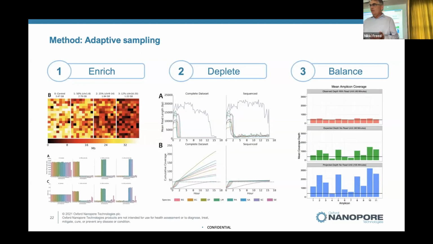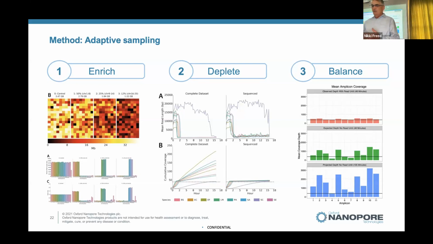This is ideal, obviously, for enrichment. So the things that you're looking for, you want at higher depth of coverage. For depletion, so if you're doing a microbiome sample and you don't want the host DNA, say don't sequence this host DNA. And balancing, barcode balancing is going to become more important, and it's on its way for enablement.